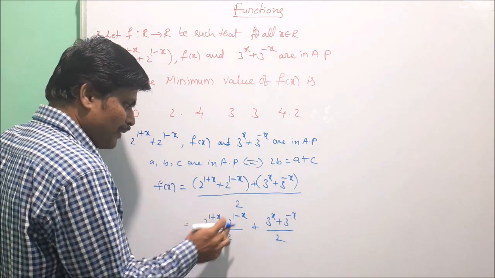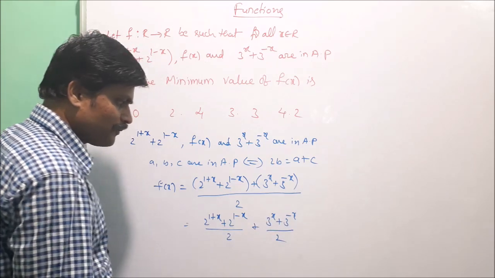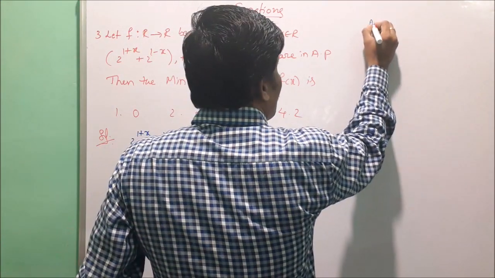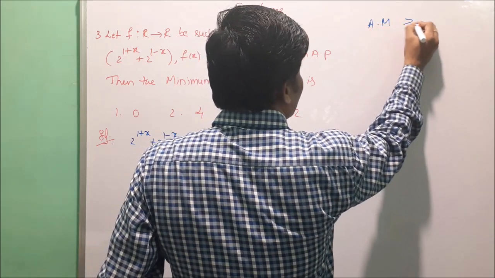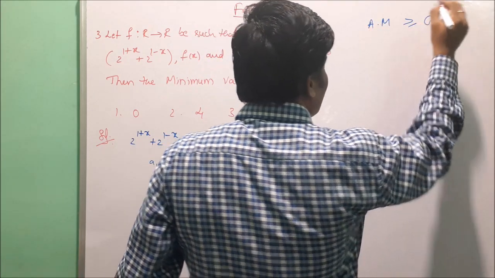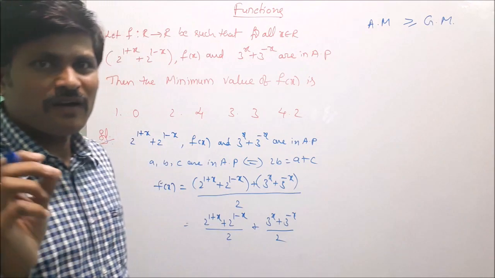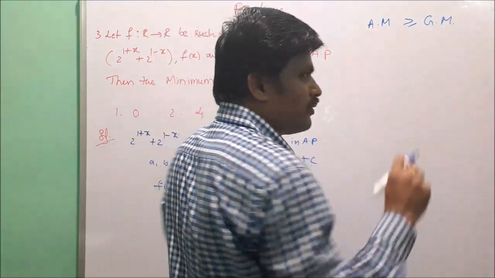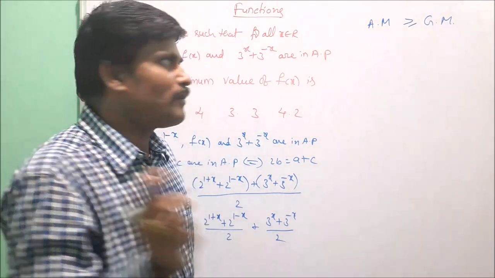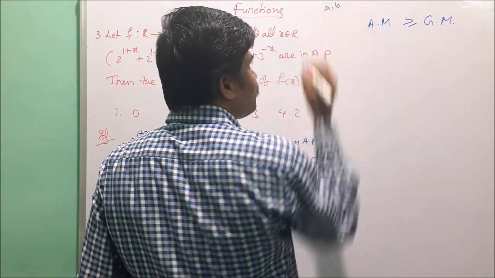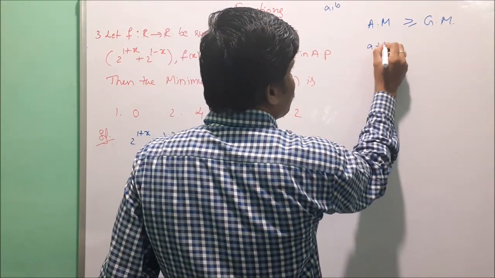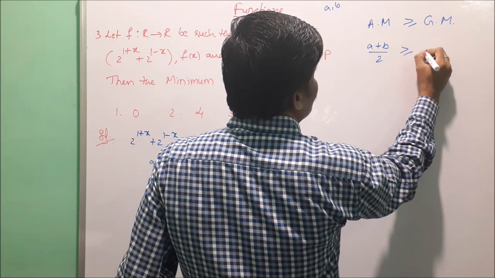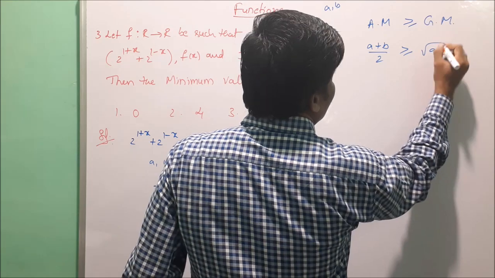Now here we also observe this is a plus b by 2, this is also a plus b by 2. Now here we know that formula: arithmetic mean is always greater than or equal to geometric mean. The arithmetic mean of two numbers, suppose a and b, is a plus b by 2, which is always greater than or equal to square root ab.